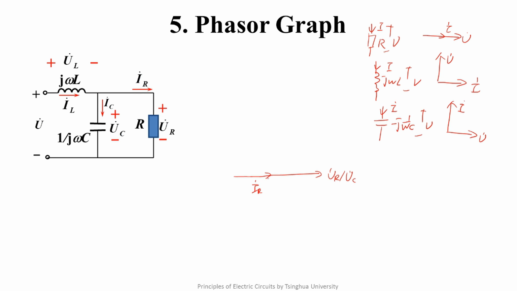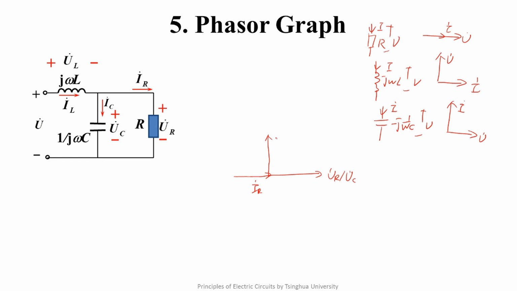We need to point out that the magnitude of the voltage and the current of some elements are not important while drawing a phasor graph. We are concerned about the angular relationship between them. IC leads UC by 90 degrees, so IC is vertical upwards.